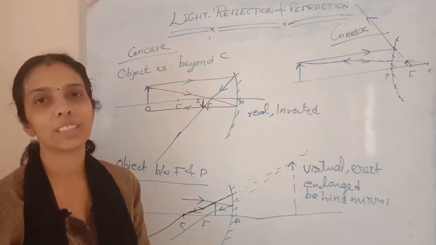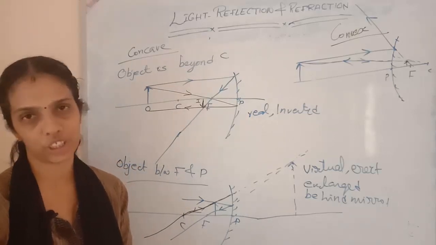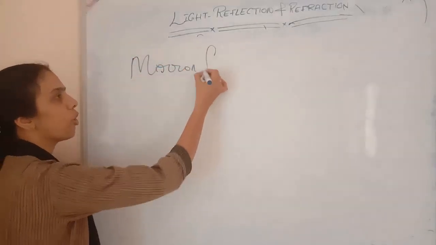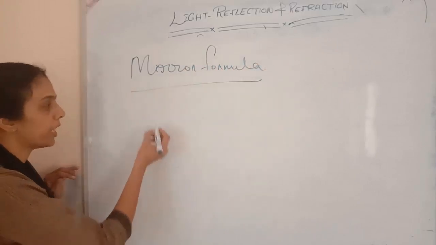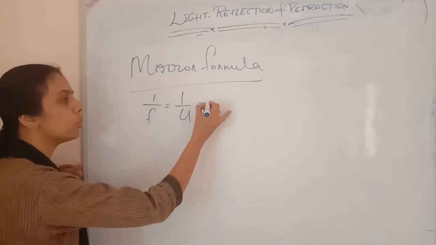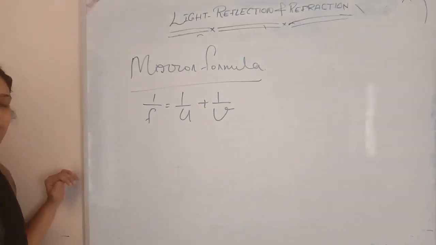Now we should study the mirror formula, the mirror equation. What is the mirror formula? It's very important. 1 by F equals 1 by U plus 1 by V. This is the mirror formula.